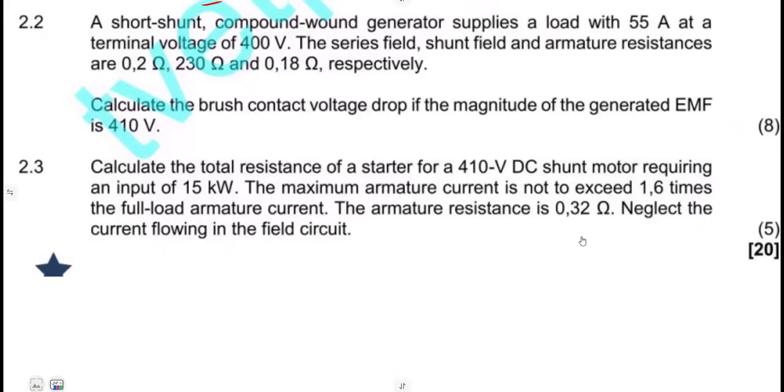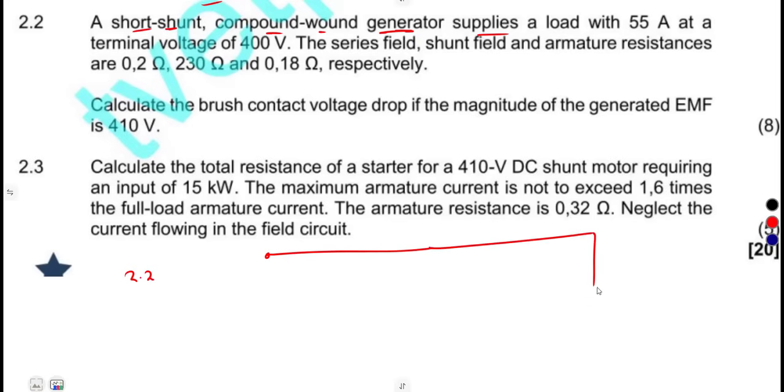Then 2.2, we have got a short shunt compound wound. We are still on a generator, which supplies what? Current, but it's a what? Short shunt in this case. So a short shunt is going to be something like this. All right, this is a short shunt.